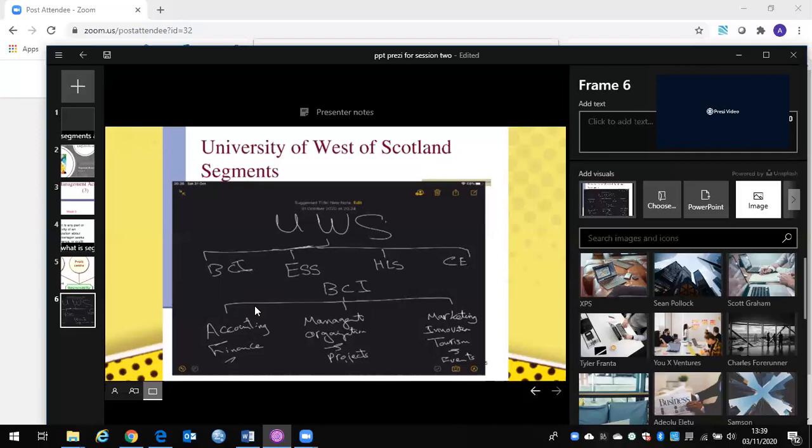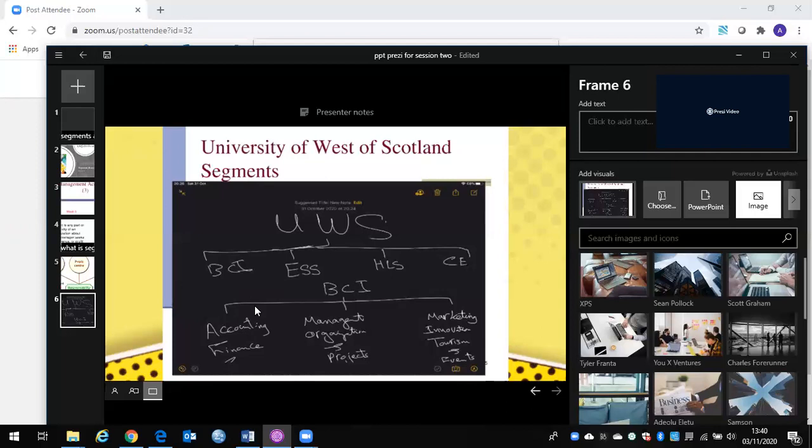However, there are some common costs for all divisions and for the business school. Let's talk about Paisley, because under BCI, under ESS, under health, under computing, there is still another classification related to the campus, whether it's the Paisley campus, Lanarkshire campus, London campus, Ayr campus, etc. So this is how it works.